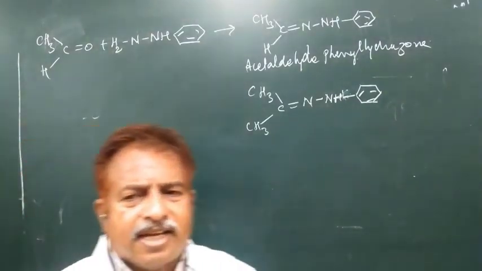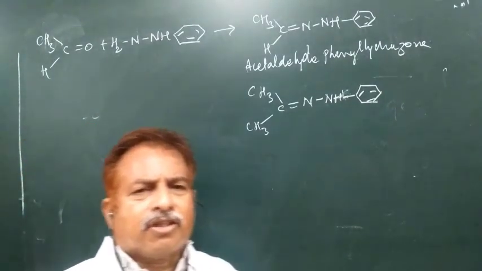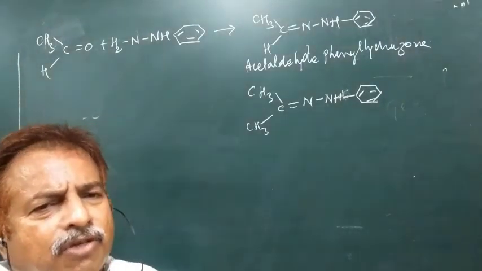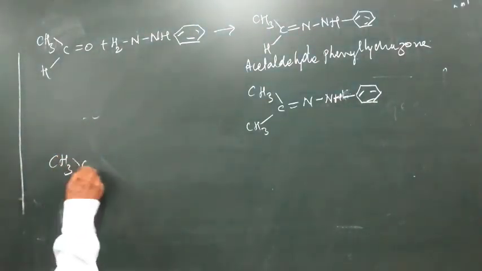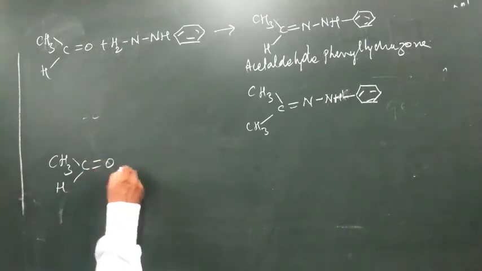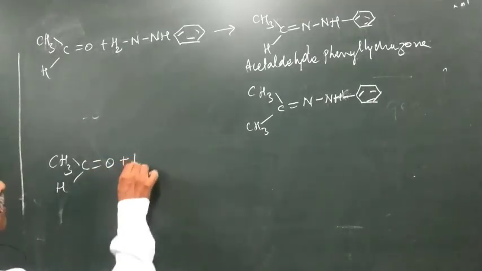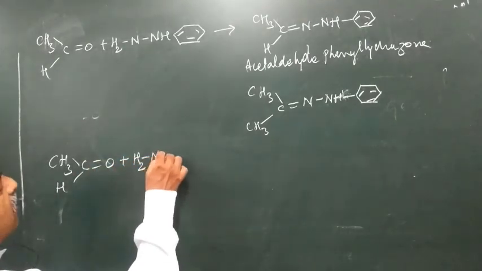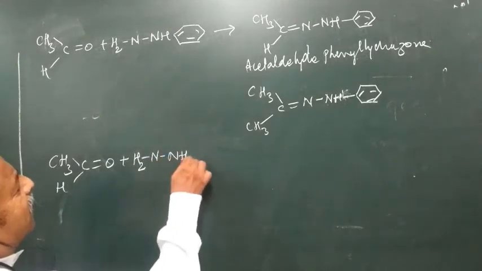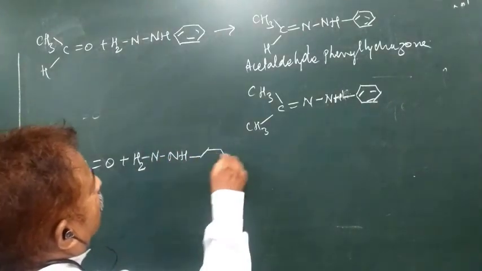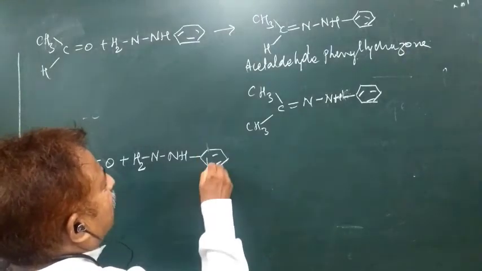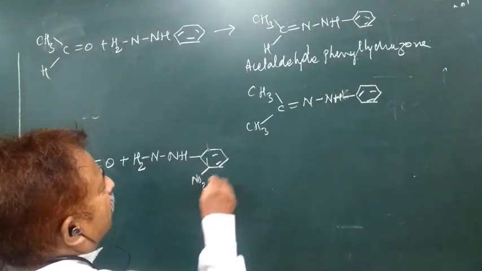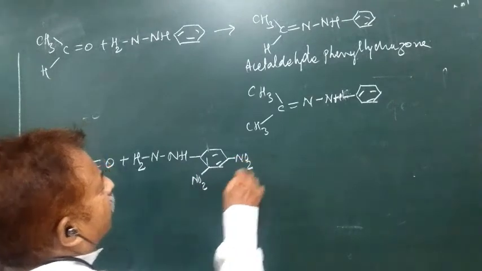Similarly, let us see the reaction of carbonyl compounds with 2,4-DNP. See here, acetaldehyde plus NH2NH-phenyl, and here on the second carbon atom an NO2 group and on the fourth carbon atom an NO2 group.